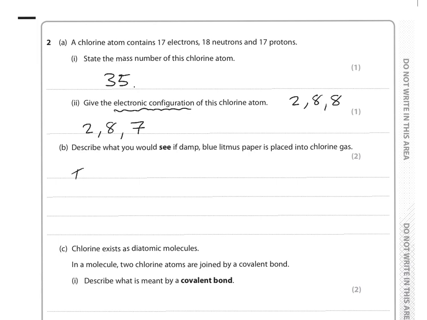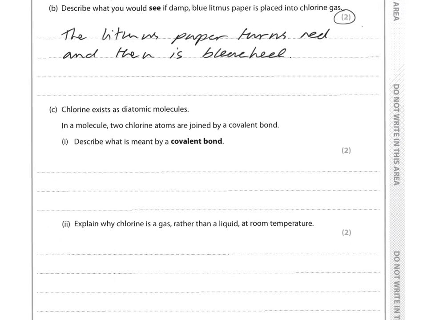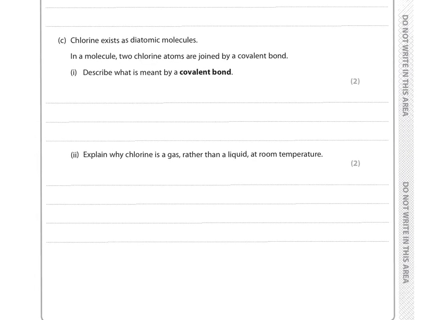First of all, the litmus paper turns red, and then is bleached. And bleached means that it turns colourless, or it turns white. So you need to say 2 things. First of all, the damp blue litmus paper turns red, and then it's bleached or turns colourless, and you get 2 marks for that.